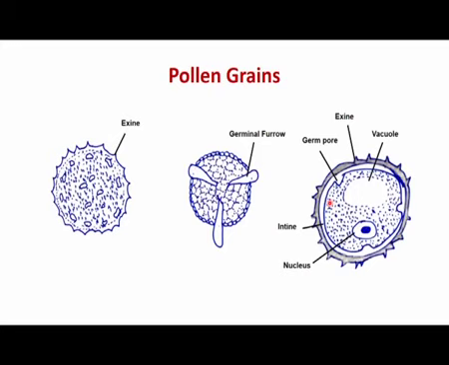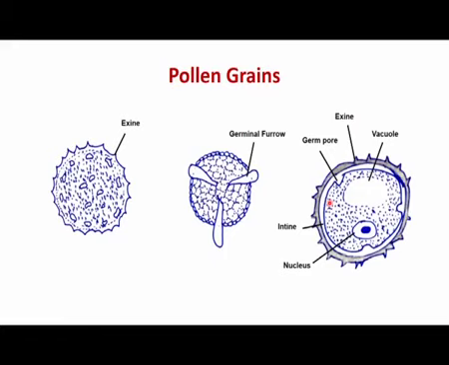As we discussed, the pollen grain is composed of exine and intine, and both are composed of a large quantity of organic substances. Because of that, the pollen grains of some plant species are a very good source of nutrition, and they are used in the form of formulations or tablets.